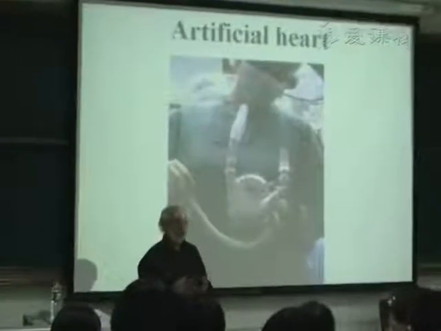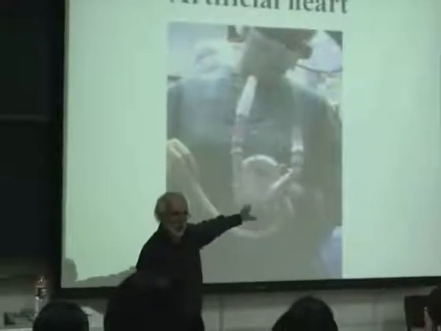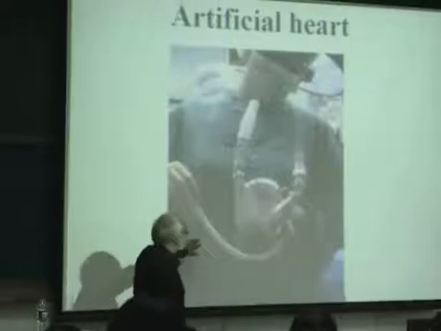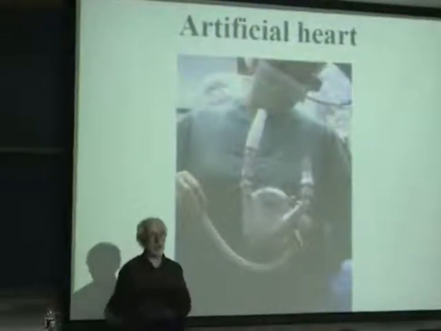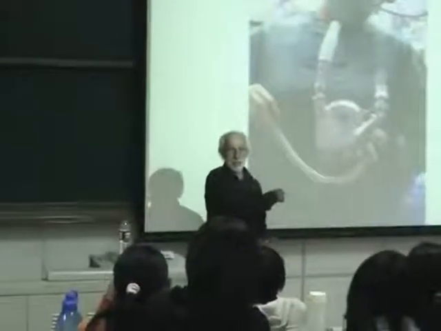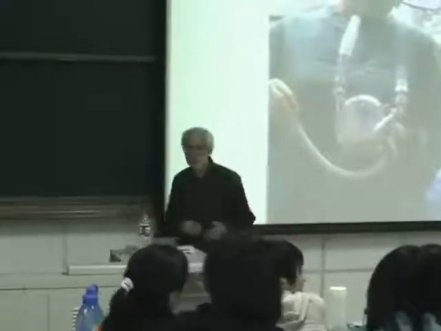And you can get damage to surrounding tissue because of inflammatory responses that are going on and so forth. So they're good as a stopgap measure. If you're waiting for a transplant and you haven't quite got one, sometimes they put these things into people while they're waiting for a transplant. But they don't seem very reliable at the moment, long term. But they may be in the future.